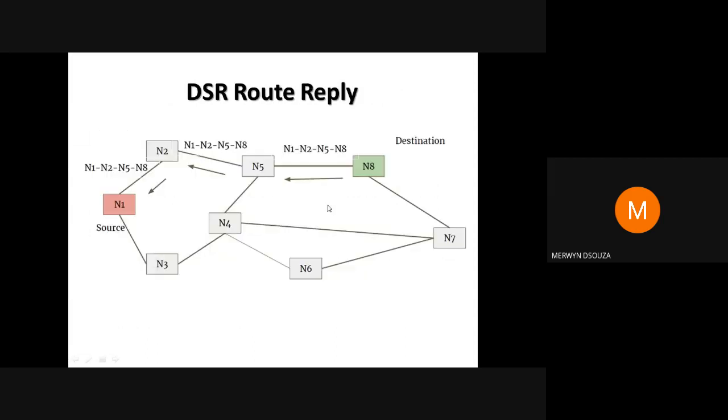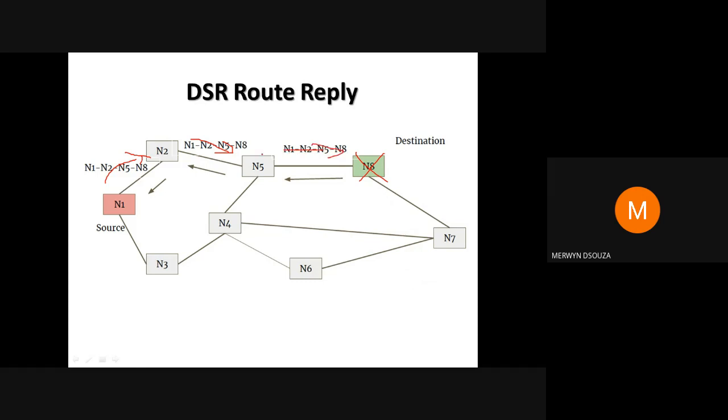For example, this was the route that was discovered, N1 to N2 to N5, and the destination was N8. If this destination is no longer present, it has been deleted or moved away, or the battery has got discharged, then the packets sent along this route are not getting delivered.